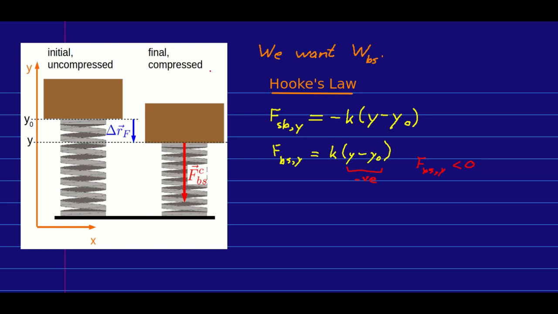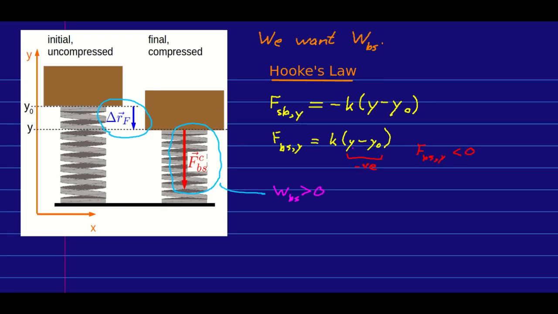But the other thing to note is that the force displacement vector and the force doing the work point in the same direction. And so we know that the work that the brick does on the spring is going to be positive. So now we know the signs that everything should come out to.